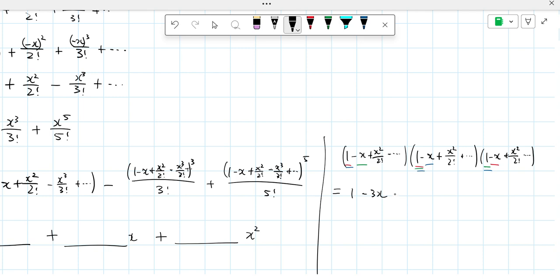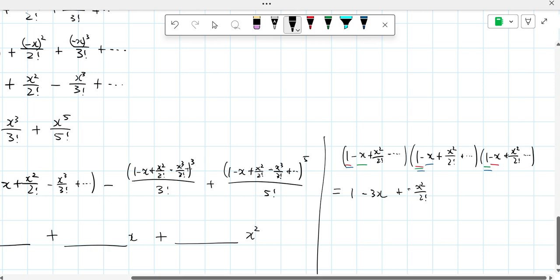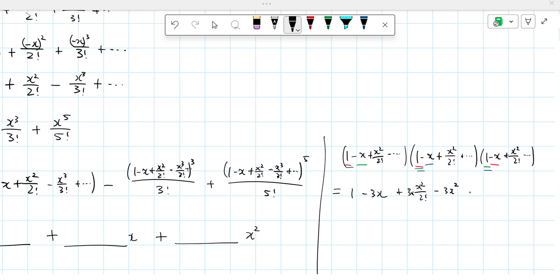I think we could have plus x squared over 2 factorial with 3 times of it, minus 3x squared. Plus dot dot dot. But we're not interested. Sorry?